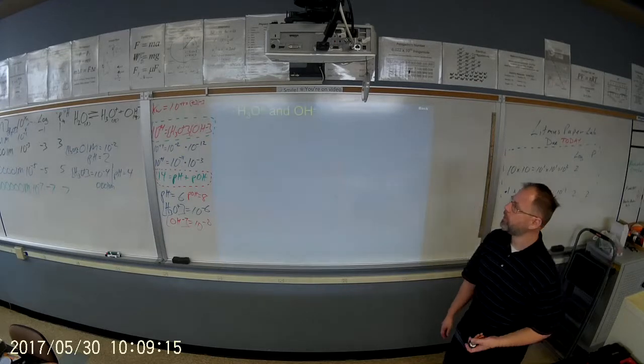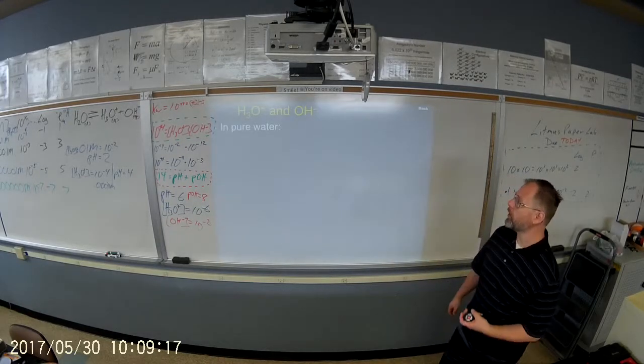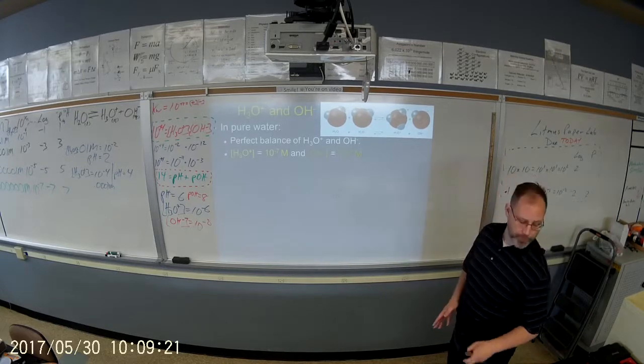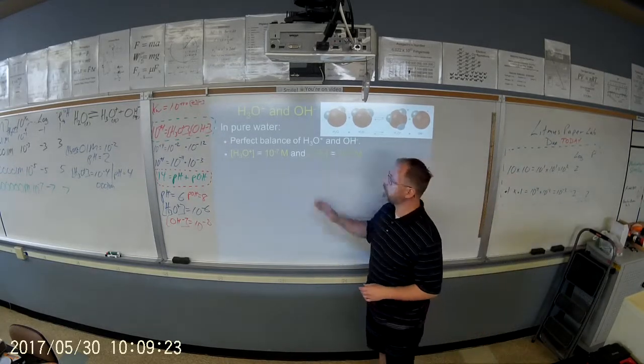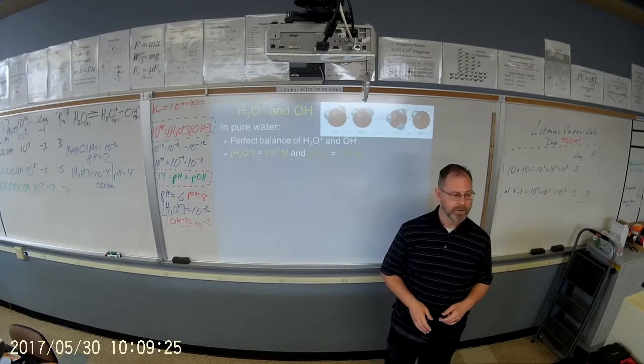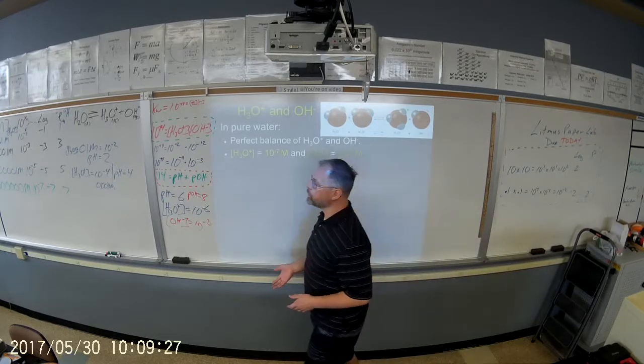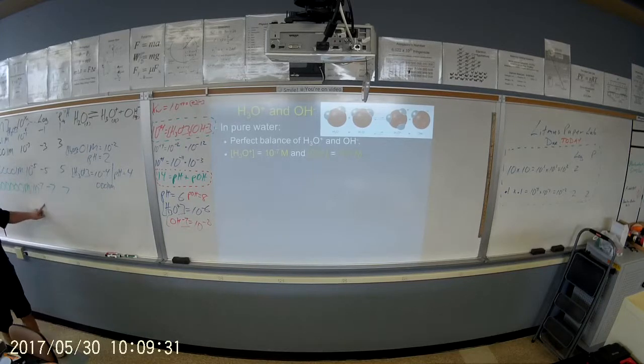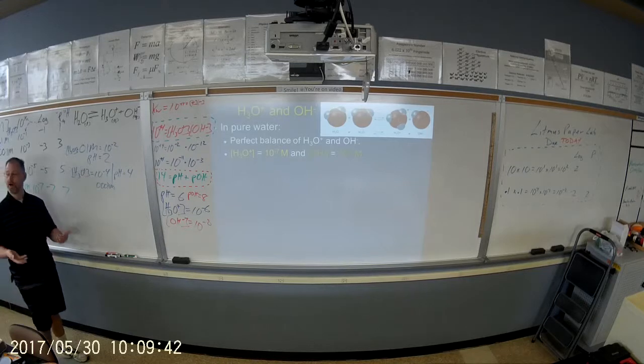Good question. Okay, so if you understand, here's a summary. In pure water, there's a perfect balance of hydronium and hydroxide. It's just really neat. So if you see a concentration of hydronium that's 10 to the negative 7, your hydroxide also has to be 10 to the negative 7. If you have a pH of 7, that means you also have a pOH of 7.